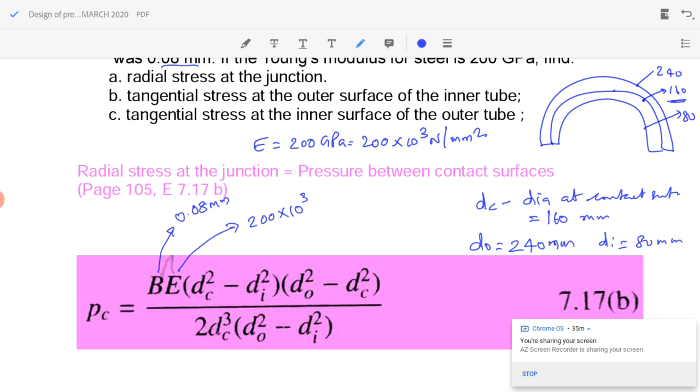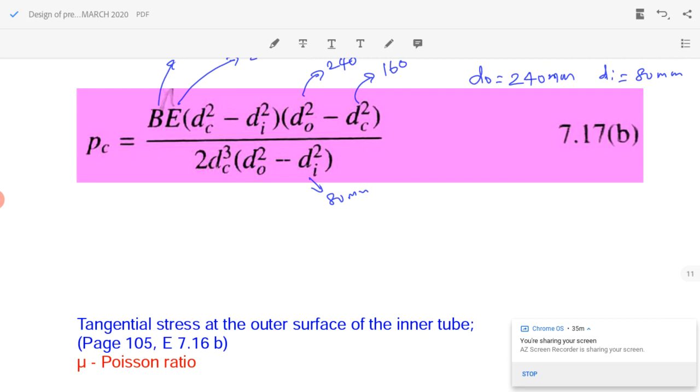So I can substitute these values: DC equal to 160 mm, DO equal to 240 mm, DI equal to 80 mm. After substitution in this equation, I will get the radial stress at the junction.